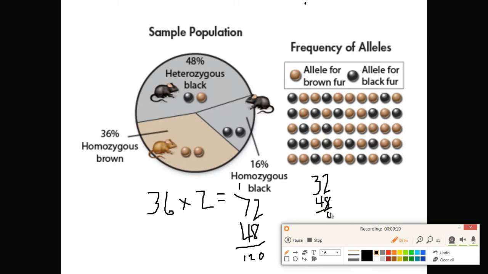So we have 0, carry the 1, we have 80. So 60%, or 120 out of 200 alleles are brown. So the allele frequency for brown would be 60%, and the black allele frequency, 80 out of 200, would be 40%. So that's what we mean by allele frequency.